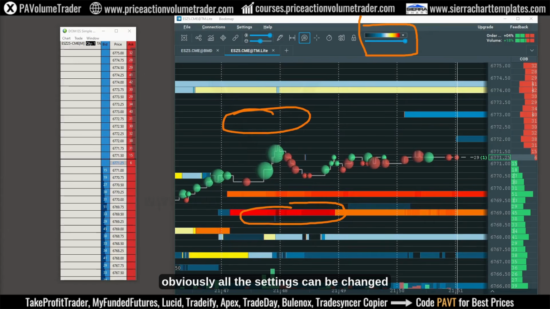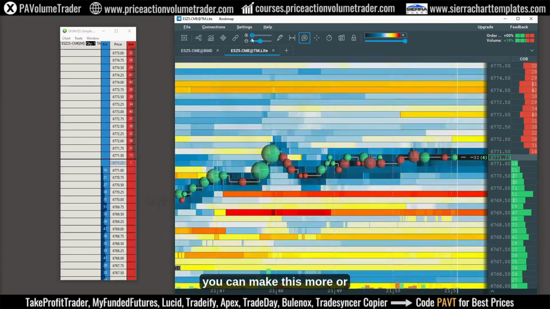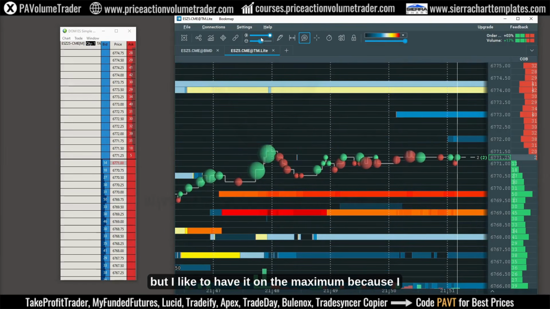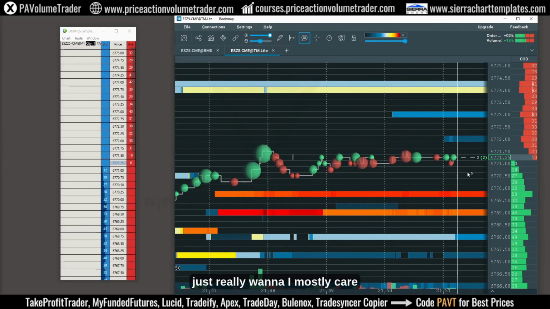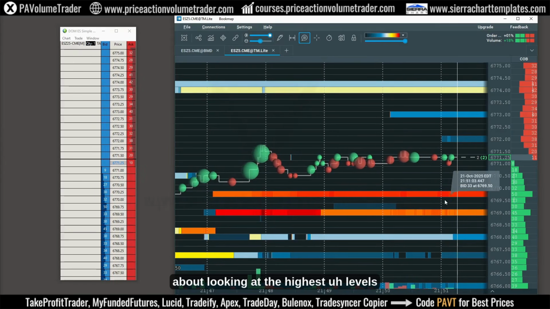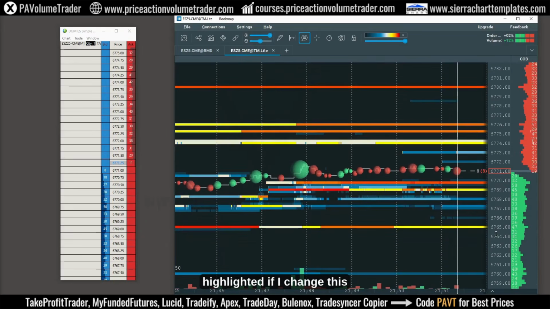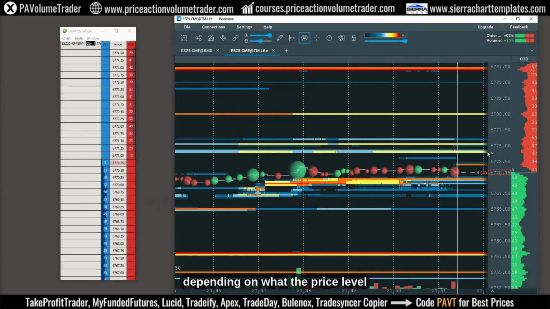And obviously all the settings can be changed. You can make this more or less pronounced, but I like to have it on the maximum because I mostly care about looking at the highest levels highlighted.